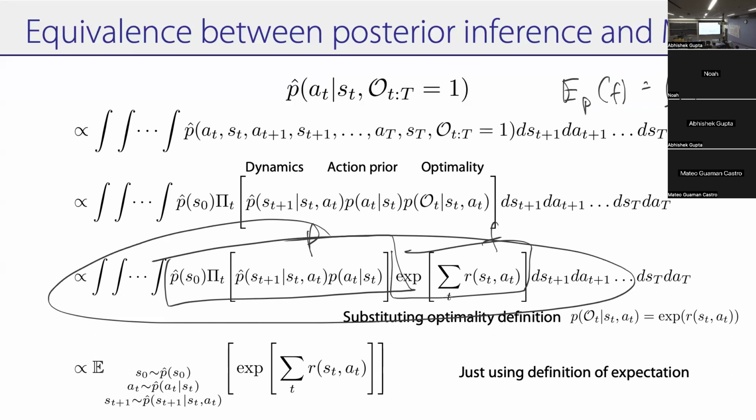This gives us the expected sum of rewards. When you sample, this should really be states from your current state, actions from your action prior, and next time steps from your transition dynamics.